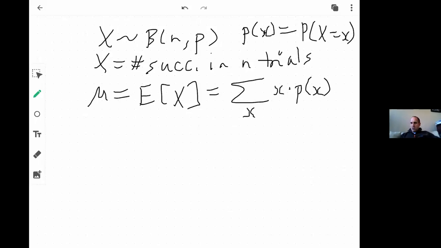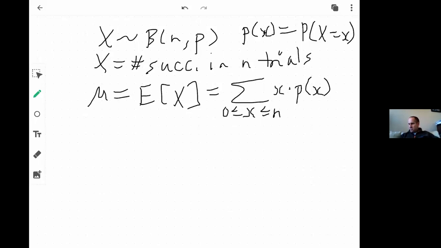And you say, okay, well, what are the possible outcomes here? Well, remember, X in this case, 0 would be as small as it could get, and it could go all the way up to n. So the range of summation here is just letting the number of successes be anything between 0 and n. And I take the outcome X and I weight it by the probability that it occurs.